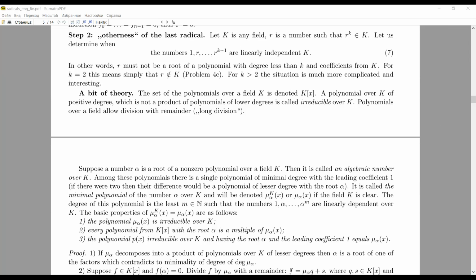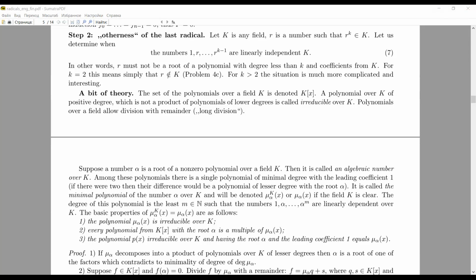That the numbers 1, r, ..., r to the power k minus 1 are linearly independent over K. It means that r must not be a root of a polynomial with degree less than k and coefficients from K. If k equals 2, it means merely that r doesn't belong to K.